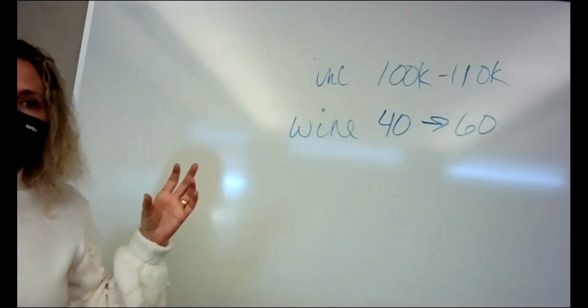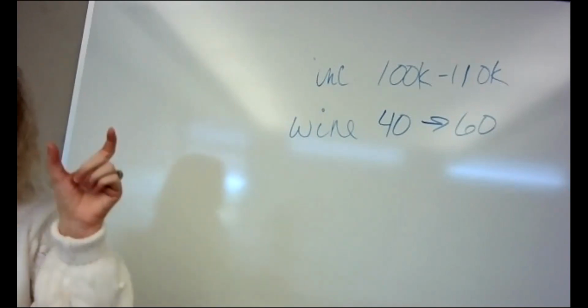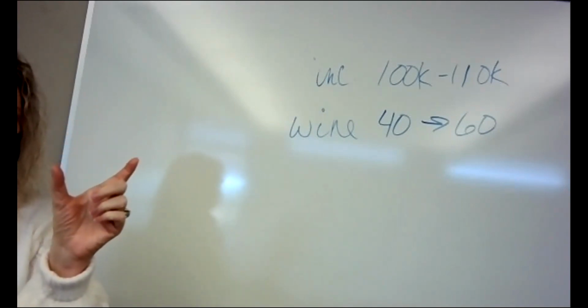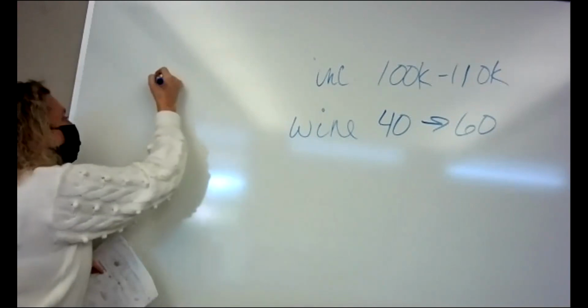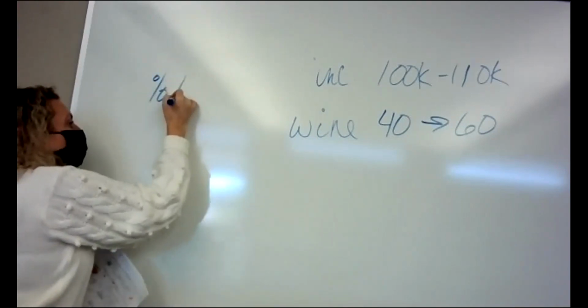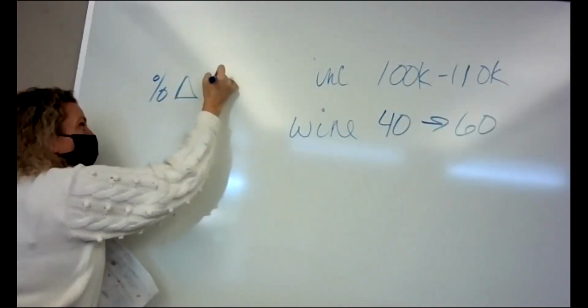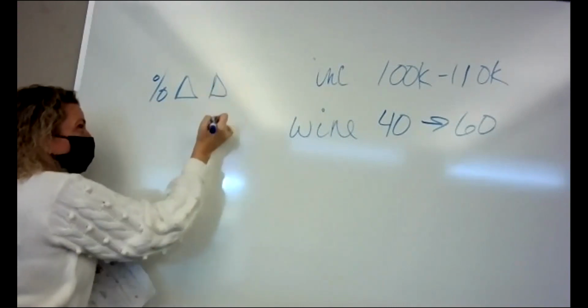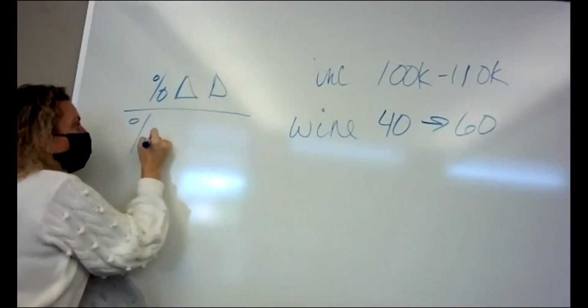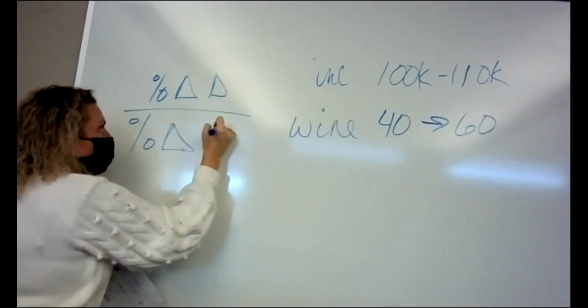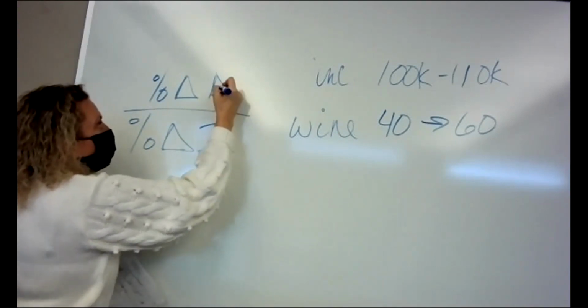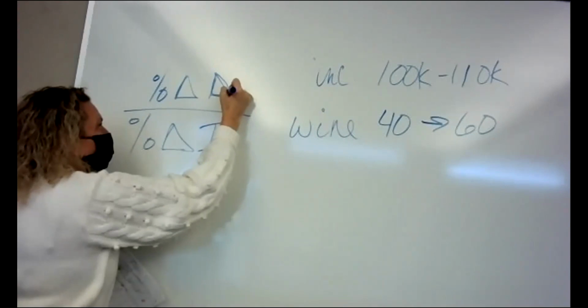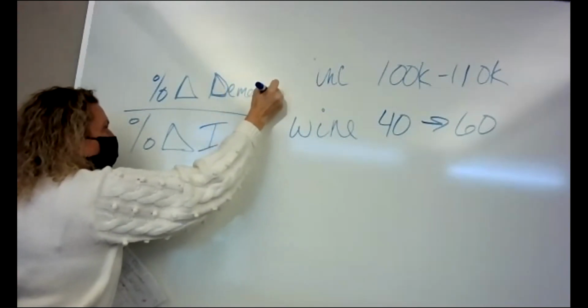And then if we did the calculation not using the midpoint method, remember it's percentage change in quantity demanded, so demand, over the percentage change in income. This is a D, demand, okay?